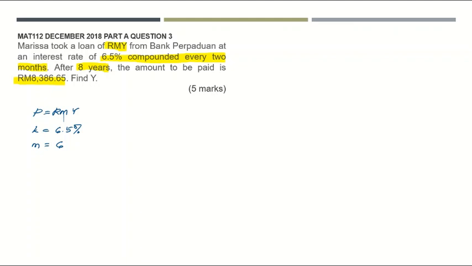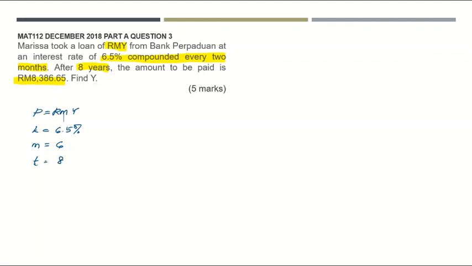Why 6? Because it says compounded every 2 months, so in a year the interest is calculated 6 times, every 2 months. Then it gives you the duration, the term, to be 8 years, so T is equal to 8.